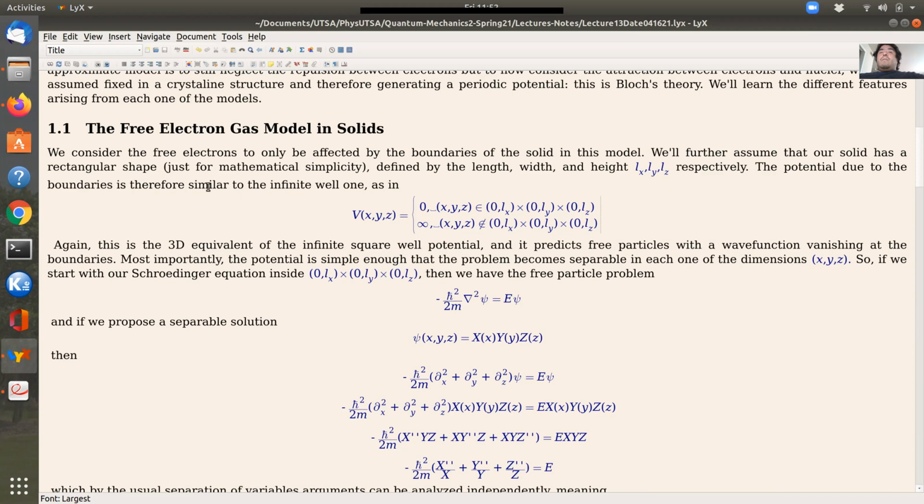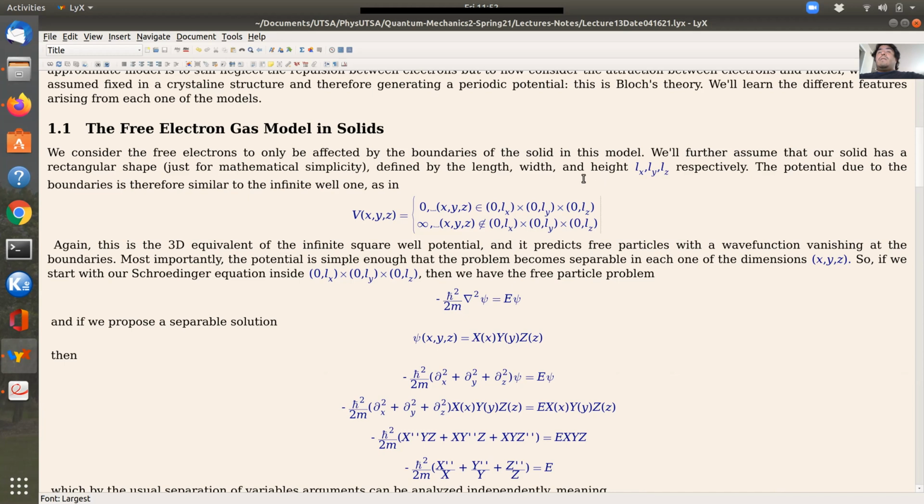So basically, again, we are considering free electrons to be only affected at the boundaries. So no interaction with the nuclei or repulsion between electrons. And again, for the sake of simplicity, we are just going to assume that the solid has a rectangular shape. That is to make the mathematical analysis, particularly with respect to boundary conditions, simpler.